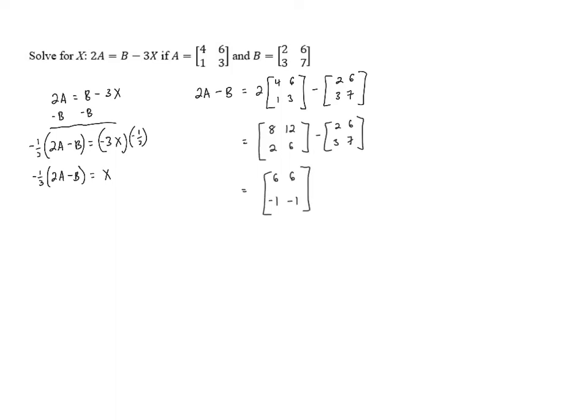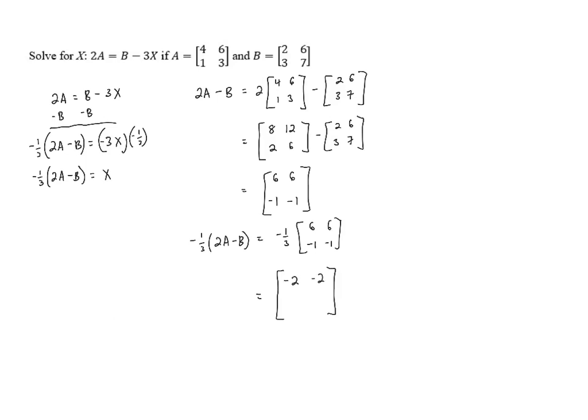Now once we've done this, we know we need to multiply the result by negative 1/3. So when we do that, we've got negative 1/3 times this same matrix, and so we need to multiply each of the entries by negative 1/3. Negative 1/3 times 6 is negative 6/3, which is the same as negative 2.